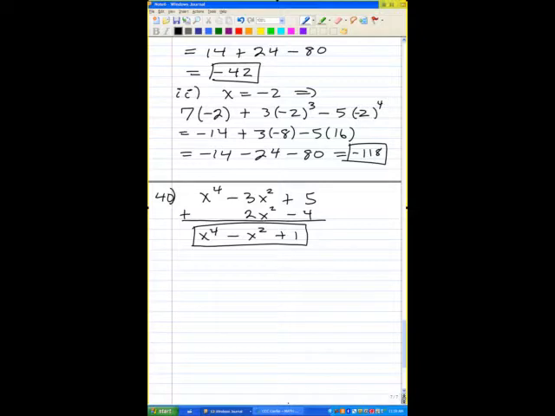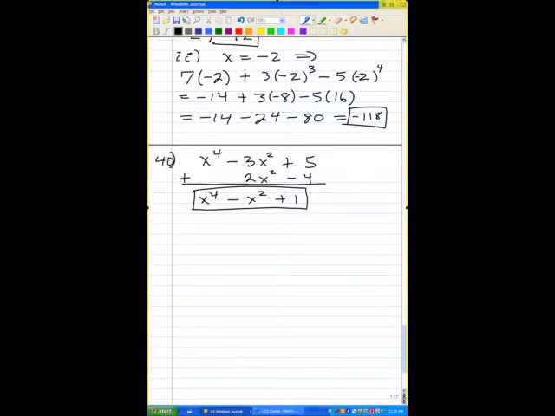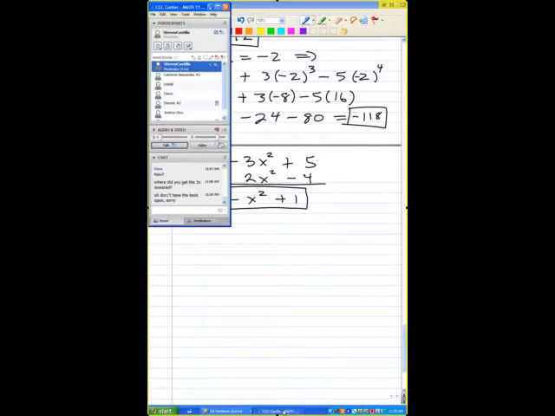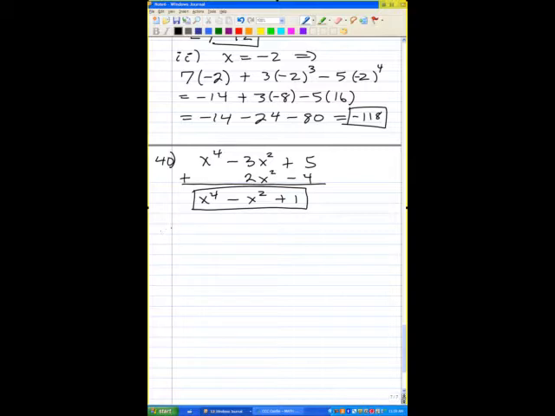Okay, let me do problem number 52. Okay, so let's do problem 52. Negative 4a squared minus 5ab plus 2a squared plus 6ab minus 2b.